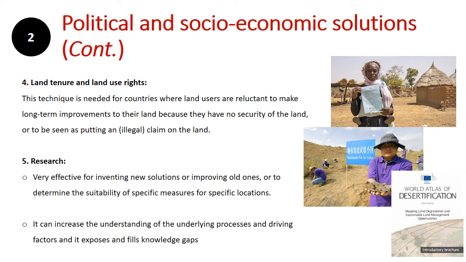Research is one of the very important things when it comes to socio-economic and political solutions. Why? Because with research, you would be able to understand the situation, and you would be able to study the interaction between the environment, the socio-economics, and the implementation. I mean the people and their acceptance and so on.